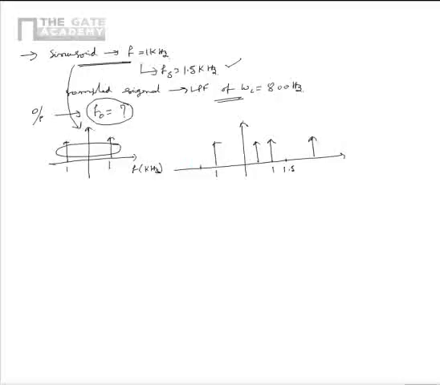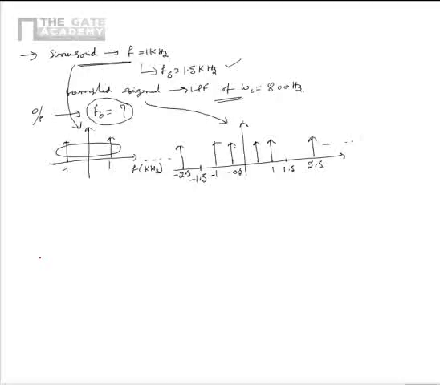Similarly, corresponding to the frequency spectrum centered at minus 1.5, we see the impulses at minus 2.5 and minus 0.5, and so on. This repetition would repeat. Please note that whatever we have drawn here is the frequency spectrum of the sampled signal.